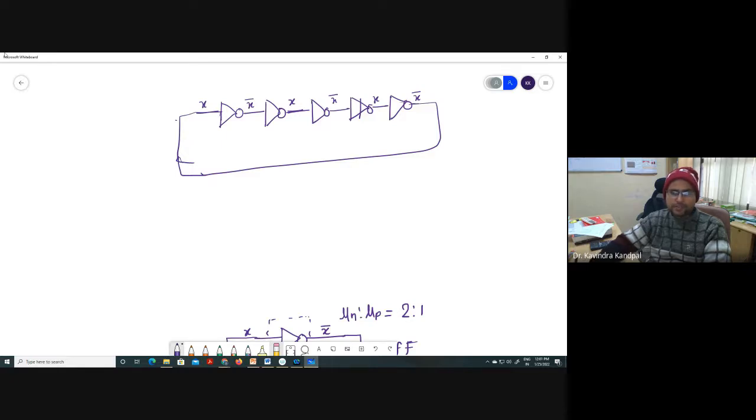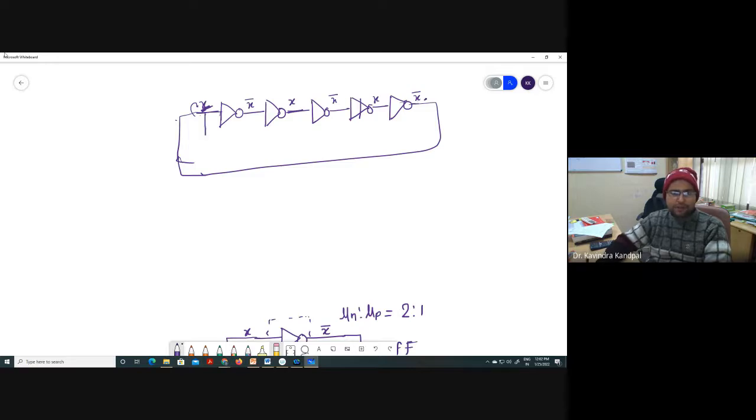As soon as it gets X bar, it will disturb this X. You all must have done this in DSD or other courses. You are connecting this X bar to X, and it was X; now it will be forced to X bar. Again, this value will be propagated.